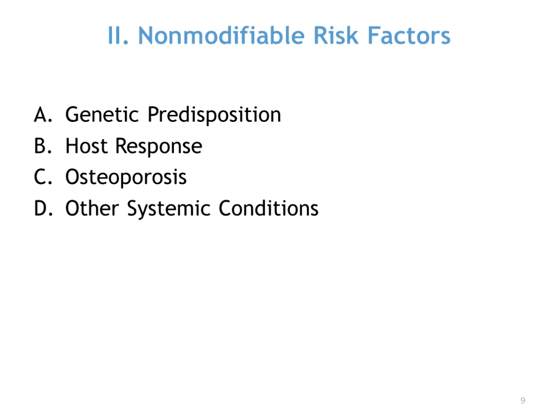So we talked a little bit about modifiable risk factors, but there are some non-modifiable risk factors, things that we have no control over. Genetic predisposition, the host response, osteoporosis, as well as other systemic conditions.